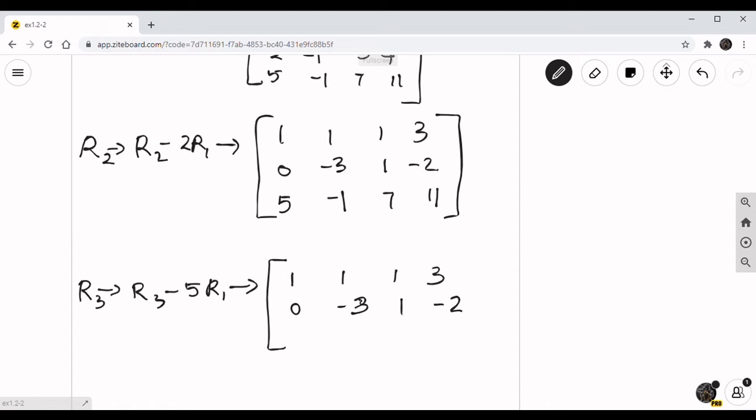This is the next step of the sum. In row 3 you have 5 minus 5 into 1, so 5 minus 5 becomes 0.